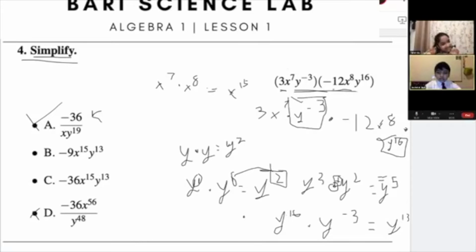So, now, which choice had negative 36 in it that we haven't already crossed off? Does B have 36 in it? No. Does C have a 36 in it? Yes. Good. So, what is the answer for this problem? C.